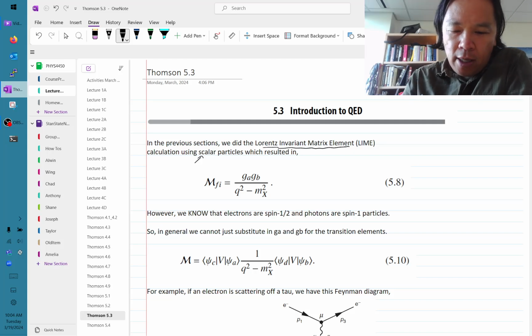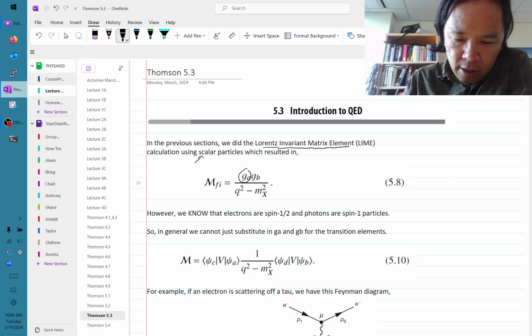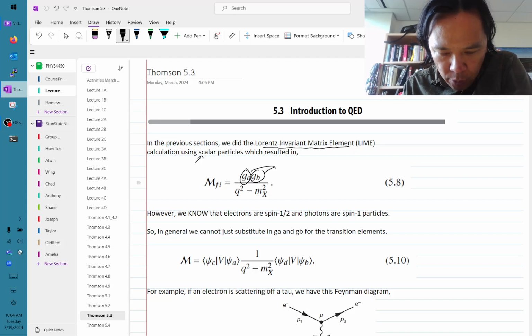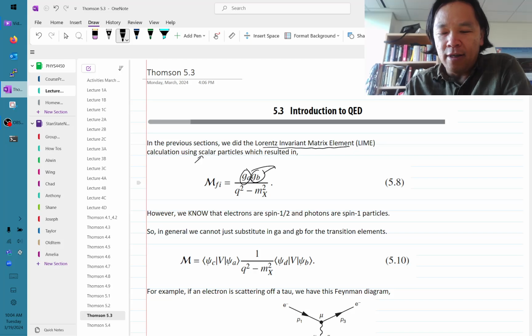What that allows us to do is say the matrix element is just proportional to these coupling constants G_A and G_B, where each of these is the vertex in each of the interactions. But we know that the electrons are not scalars.